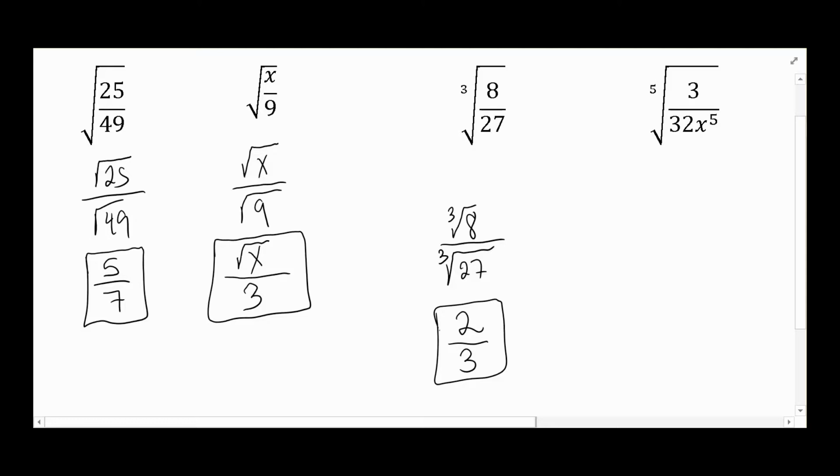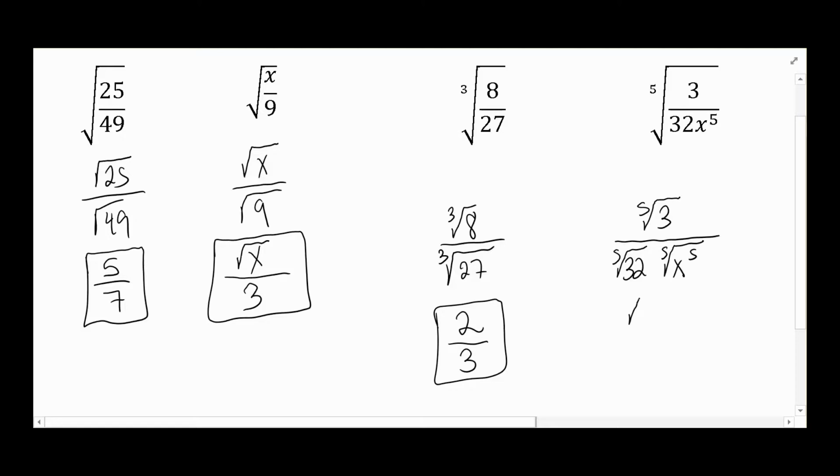And we could press forward and do the same thing with a fifth root. We could write this as the fifth root of 3 on top. Now on the bottom we could take the fifth root of all of that, but also remember that we had the product rule that says I can take the fifth root of the 32 and the fifth root of the x to the fifth separately as well.